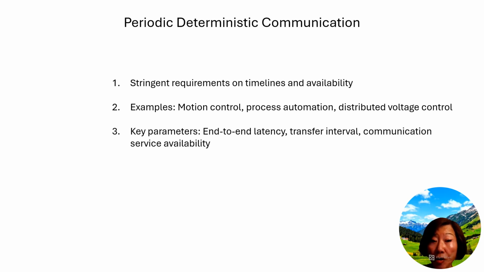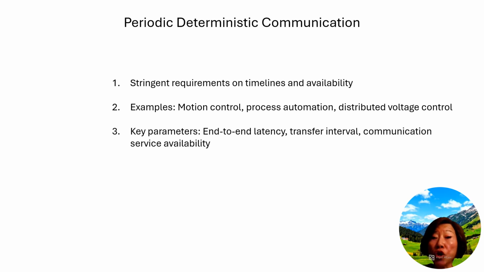The communication service availability requirements are extremely high, often 6 nines, 99.9999% or higher. This translates to only seconds of allowable downtime per year. The system must also handle multiple simultaneous periodic flows with different periods, which requires sophisticated scheduling mechanisms in the 5G system.